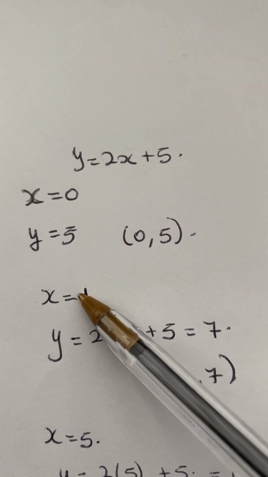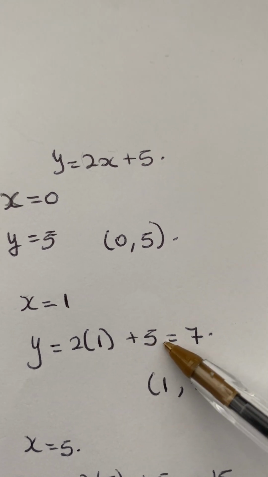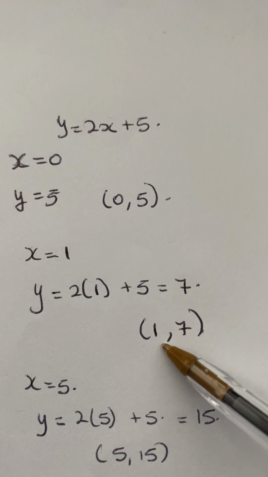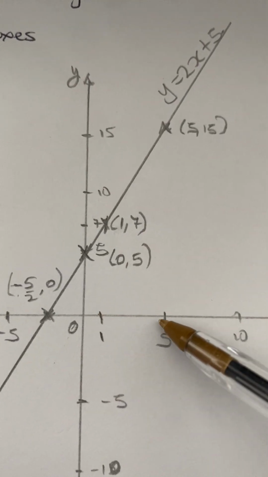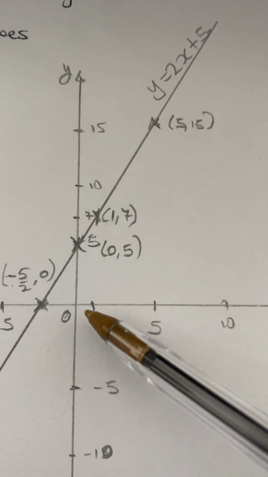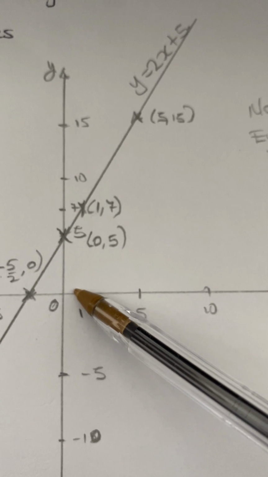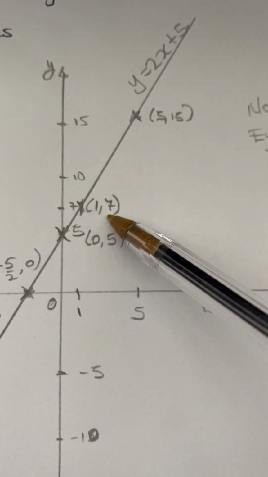When x is 1, 2 times 1 plus 5 is 7. So I have a second point, (1, 7). So if I come here, because 5 is here, 2.5 will be halfway. So 1 will be somewhere here. So that will be (1, 7). So that's my second point.